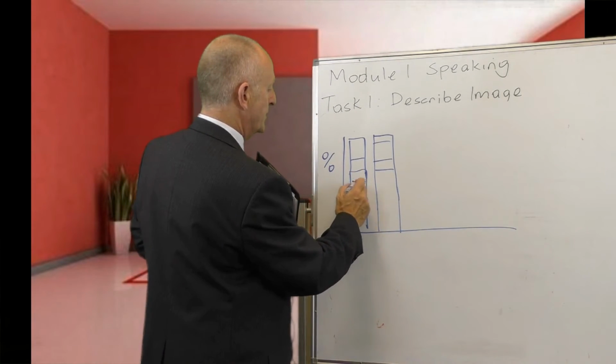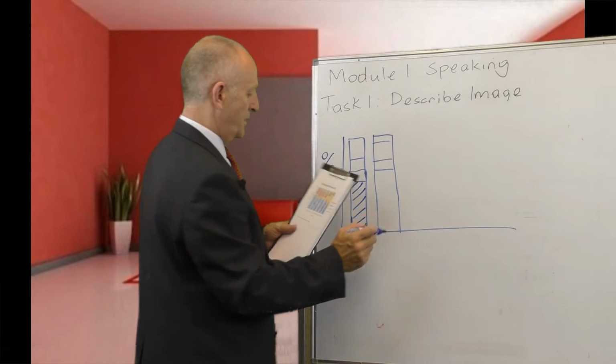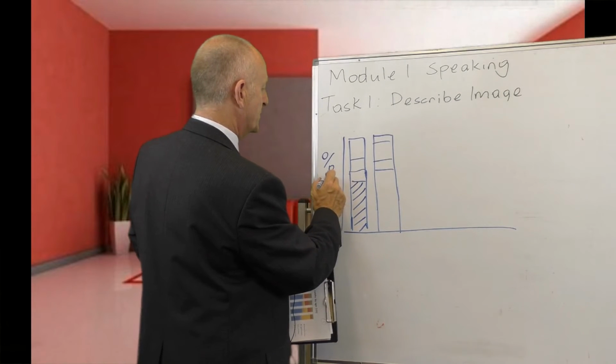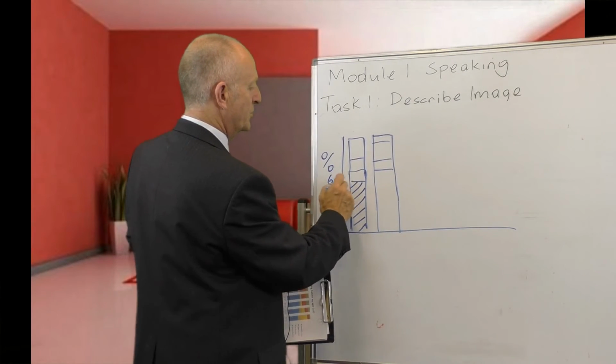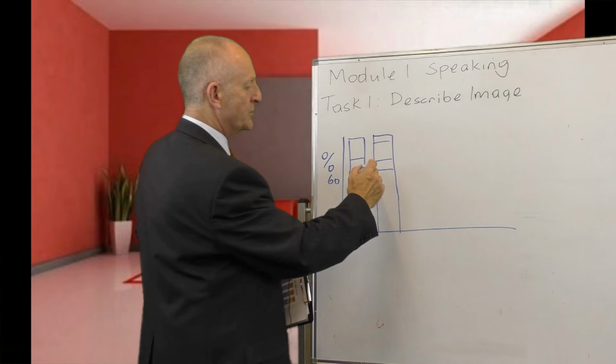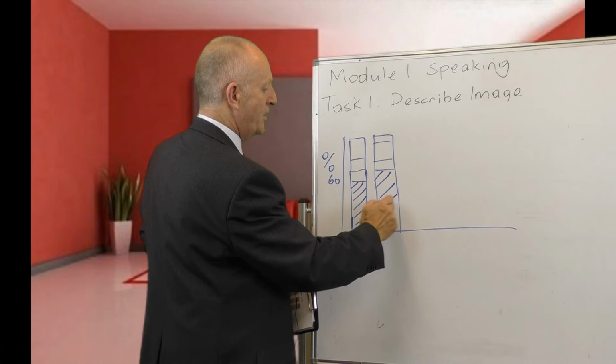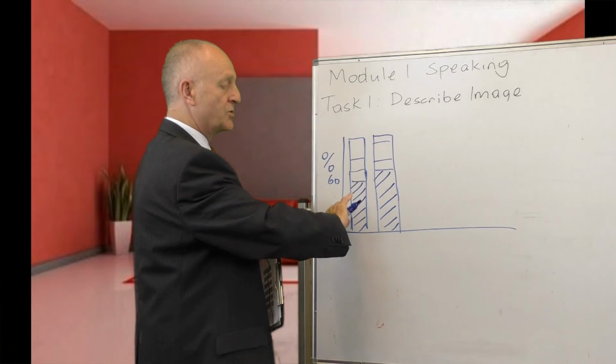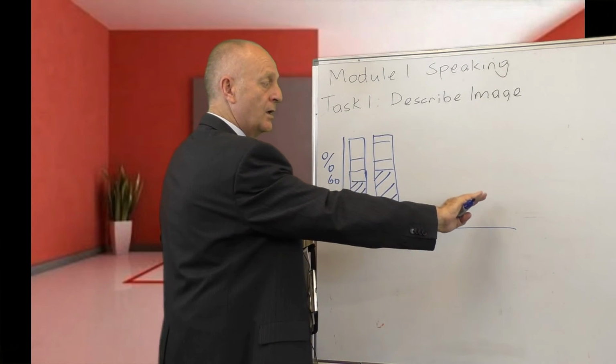You can see that for the 16 to 24 age group, it starts off at around 60%, and that gives you your starting point. And then you can see that that figure varies as you work your way through the different ages. So describe each age group in turn.